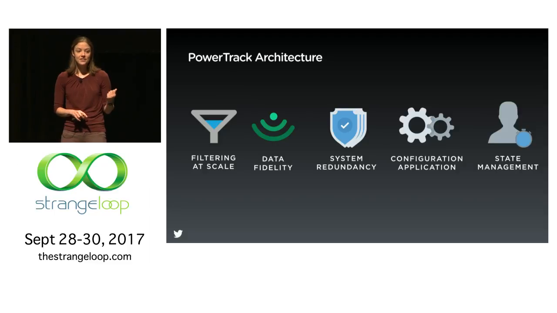How we ensure data fidelity, so how we use event bus, our messaging queue, to back data up and ensure that data does not get lost along the way to our customers. How we have redundancy of the two different sides to ensure that we're okay in case of any kind of failures. How we apply configuration updates in real time, such as rule updates or where a stream is being filtered from. And then lastly, how we manage the state of our customers across different data centers.